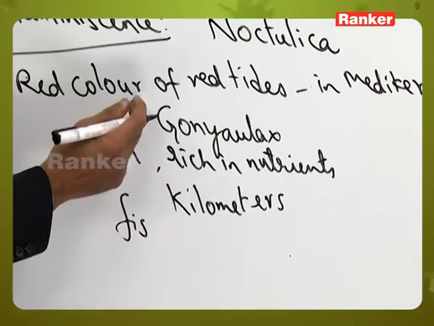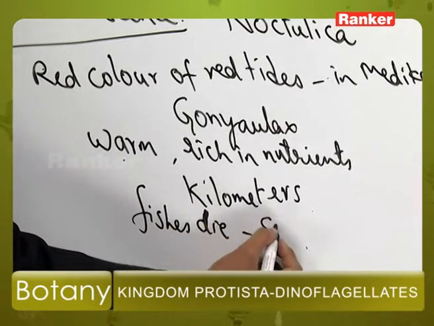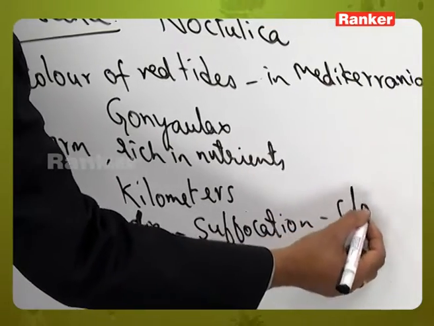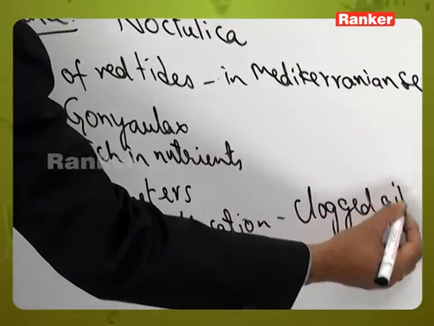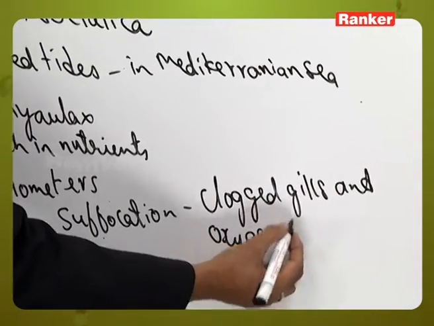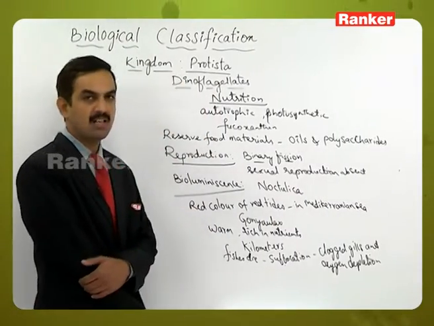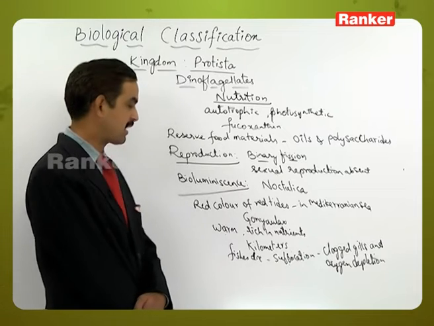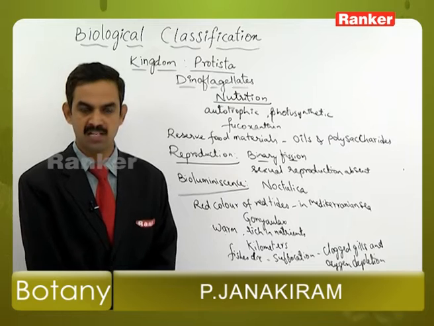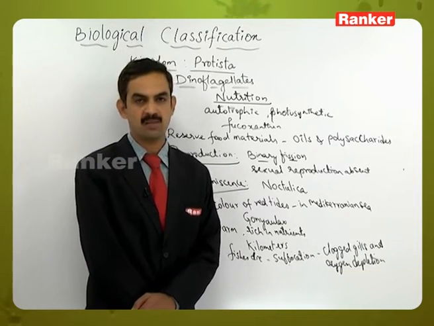The fishes will die because of suffocation, as they get suffocated due to clogged gills and oxygen depletion. When the fishes do not get the required amount of oxygen, respiratory problems occur that lead to their death. So that is a damaging character related to the dinoflagellates. These are some of the important characteristic features exhibited by dinoflagellate organisms of Protista.